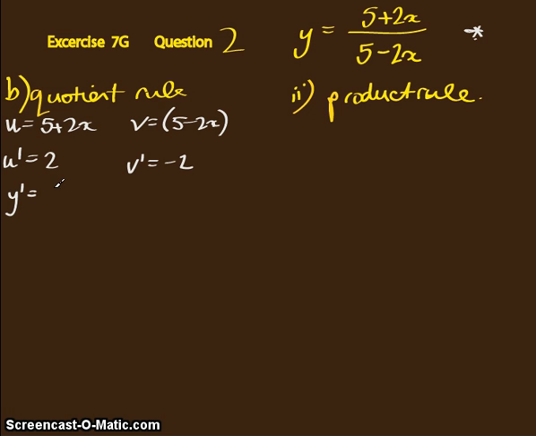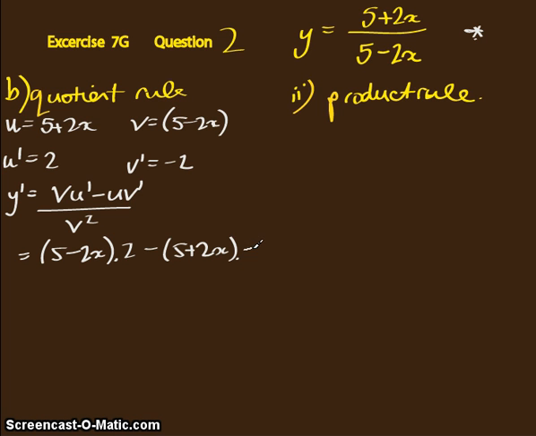The derivative is vu dash minus uv dash all over v squared, which is the bottom times the derivative of the top minus the top times the derivative of the bottom all over the bottom squared.